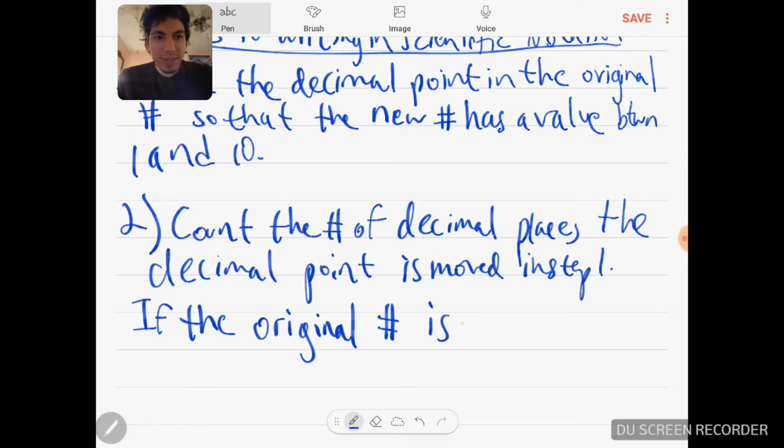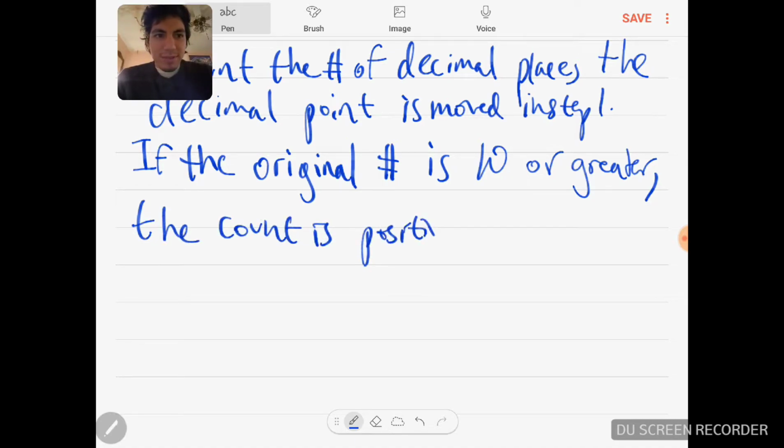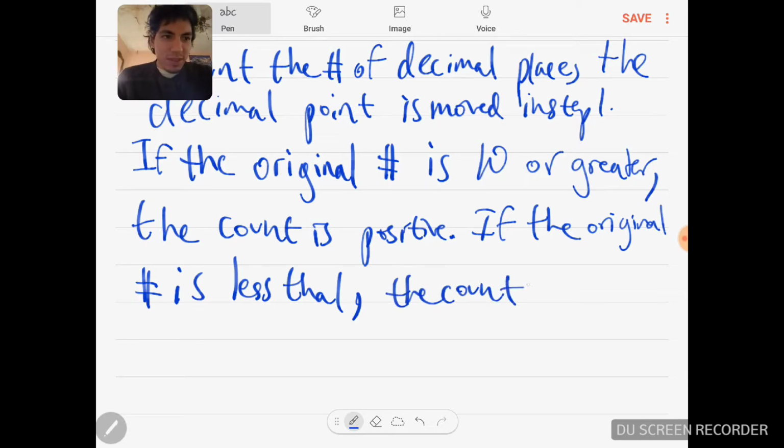If the original number is 10 or greater, the count is positive. If the original number is less than 1, strictly less than 1, the count is negative.